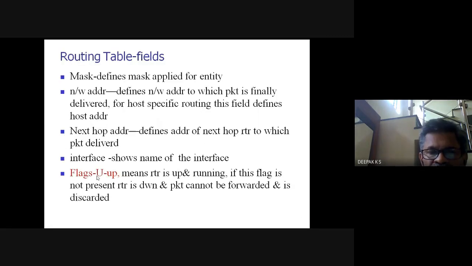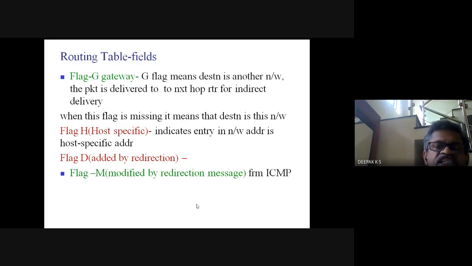Flag means a bit. If flag U is 1, it means the router is up and running. If this flag is not present, the router is down, and the packet cannot be forwarded and is discarded. Now flag G: it means the destination is a gateway, that is, another network.